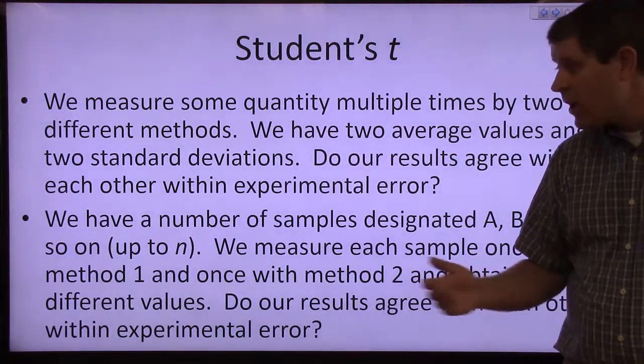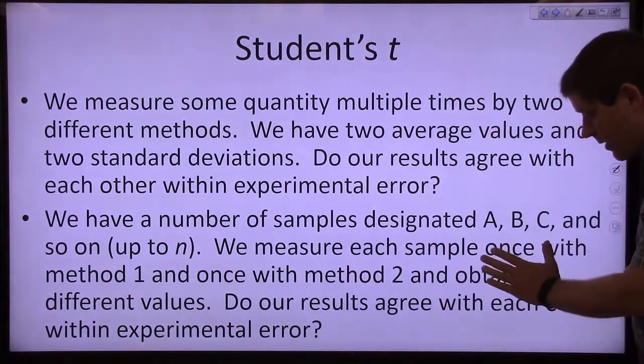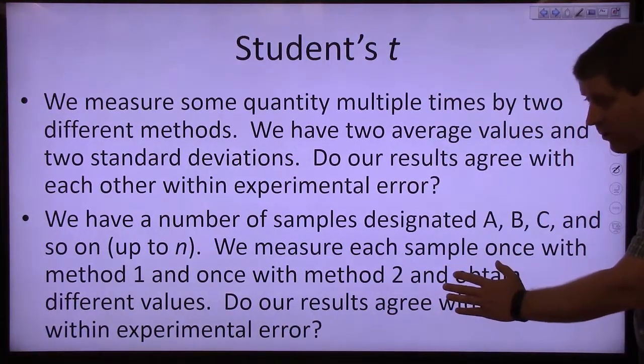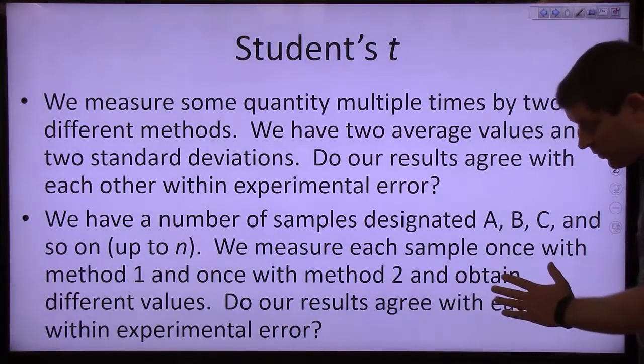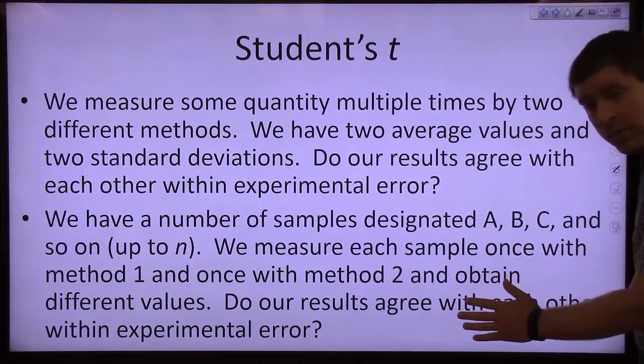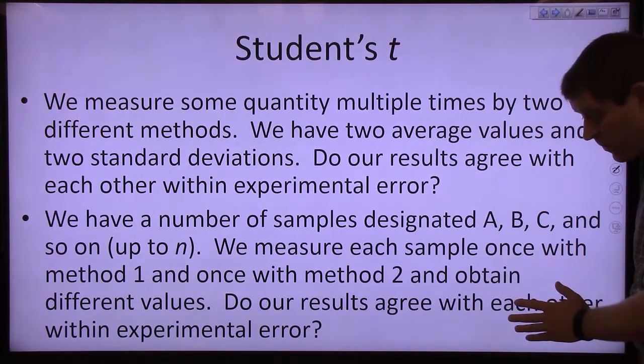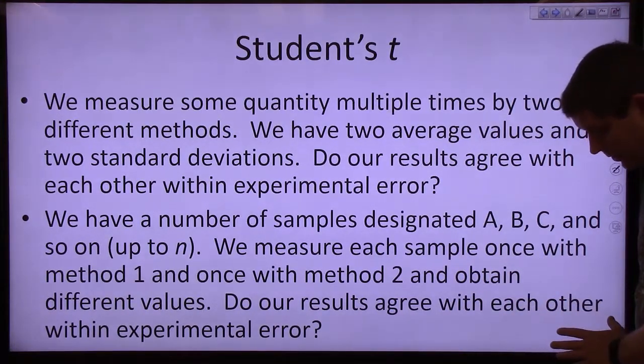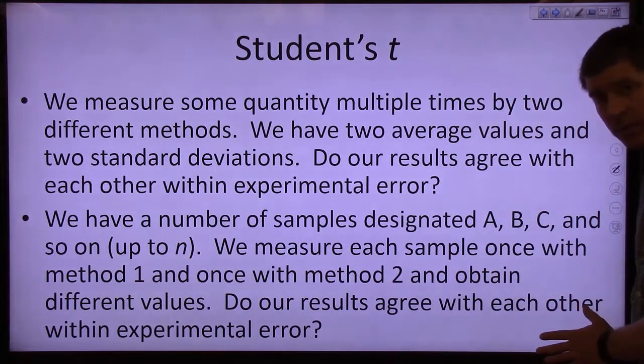In the third case, we have a number of samples designated, say, A, B, C, and so on, up to n, however many samples we have. And we measure each sample once with method 1 and once with method 2 and obtain different values. Do our results agree with each other within experimental error, or do they disagree?